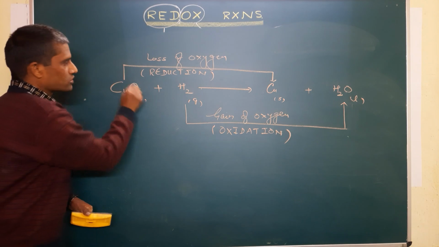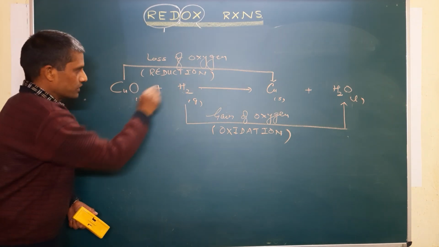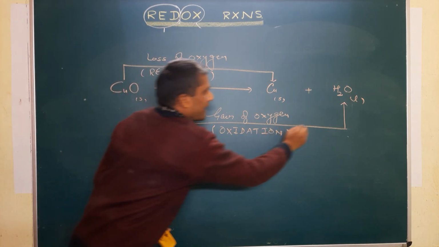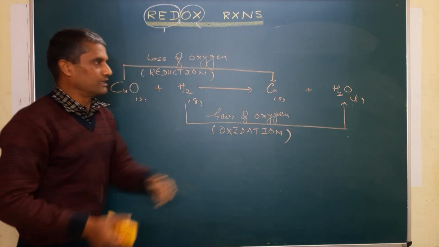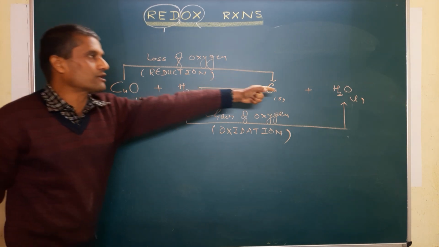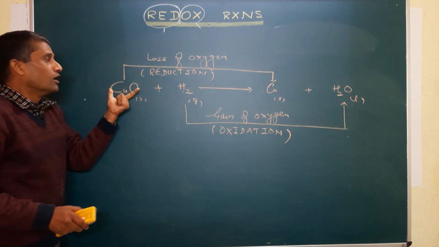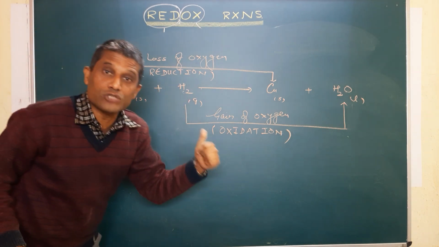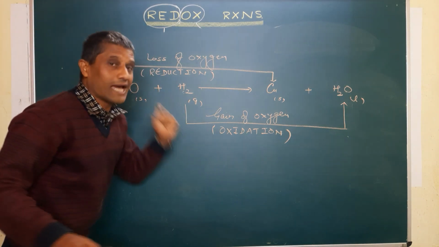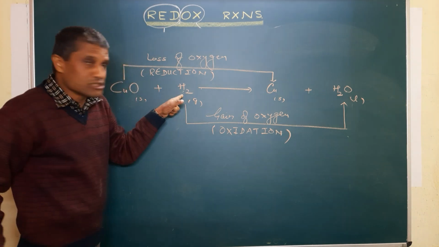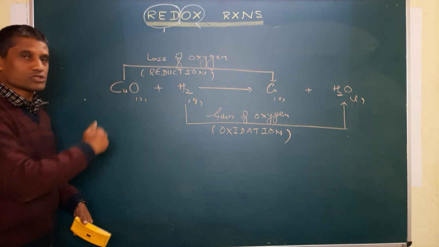Here cupric oxide is losing oxygen so that hydrogen can gain that oxygen to get converted into water. So hydrogen is gaining oxygen, which means oxidation of hydrogen is going on. Who is carrying out the oxidation of hydrogen? It would be carried out by the species which is supplying oxygen to hydrogen.